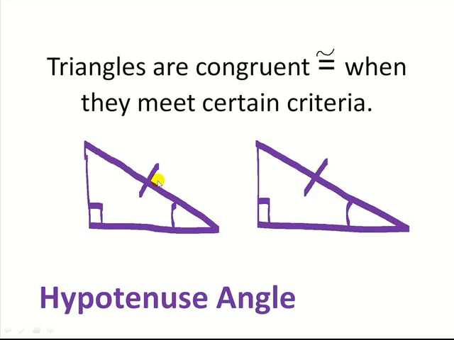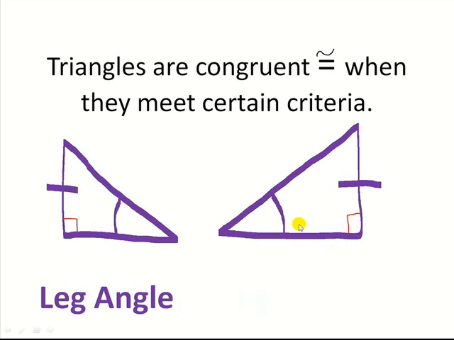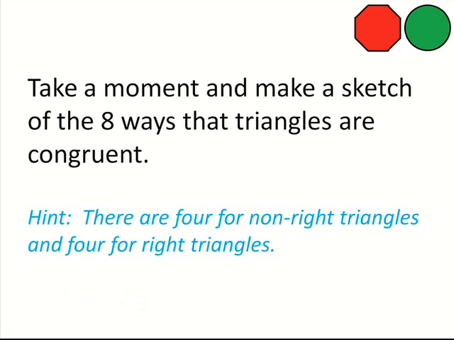The hypotenuse and the angles, so this hypotenuse and this acute angle, this hypotenuse and this acute angle, when they are congruent, the triangles are congruent. The leg versus an angle, when a leg and one of the acute angles are the same as the leg and an acute angle on the other triangle, they are congruent. Take a moment and make a sketch of the 8 ways that triangles are congruent. Click on the stop sign.